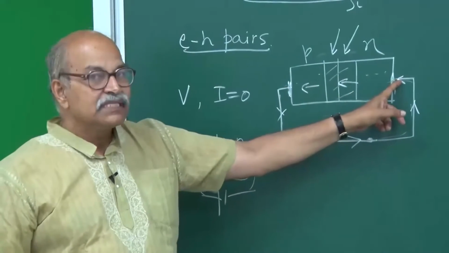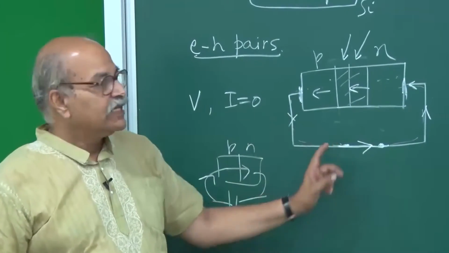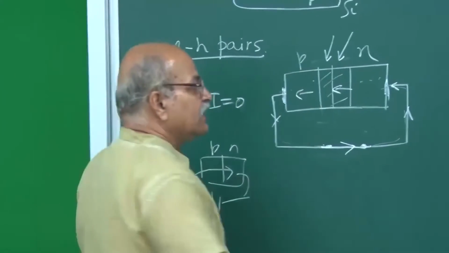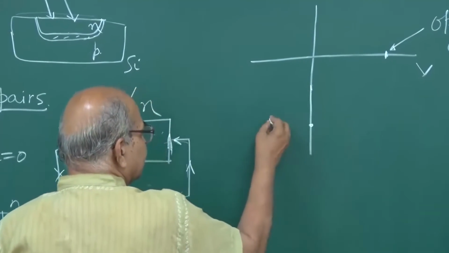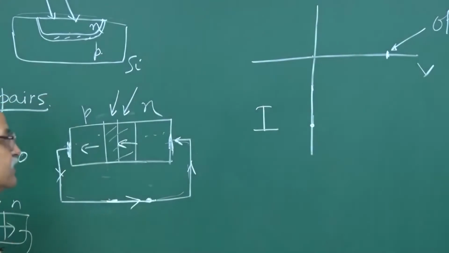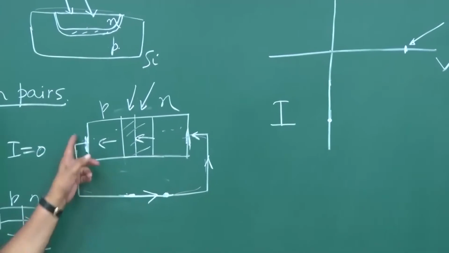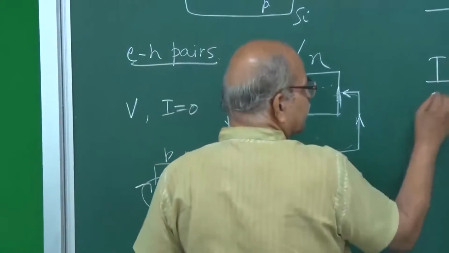The potential drop is 0 because there is no resistance. So on this characteristic, this point will be somewhere here. I have a current and the potential difference is 0. Since we have short circuited, this current is known as short circuit current.